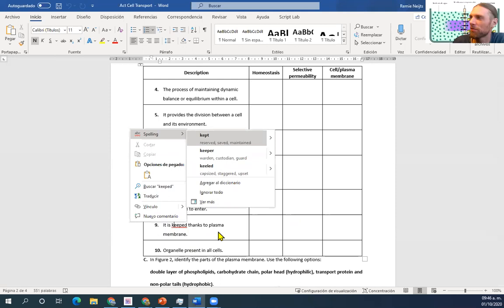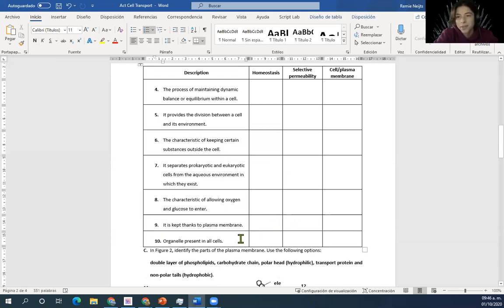You don't say keep. Homeostasis. It's kept. Yeah, kept. Yeah, they made a mistake. We made a mistake. It's kept thanks to the plasma membrane. It's homeostasis. Yeah, exactly. The homeostasis is basically keeping the internal environment different from the external environment.